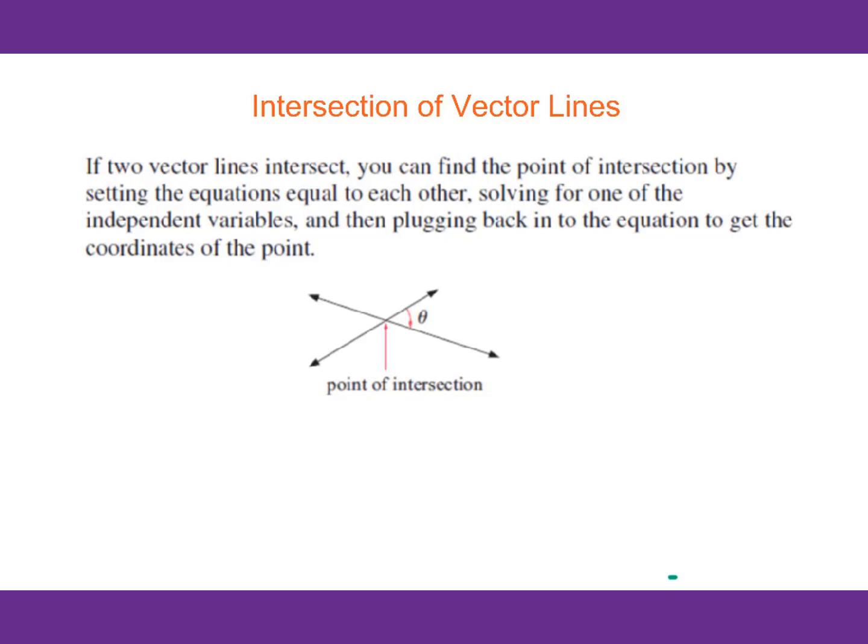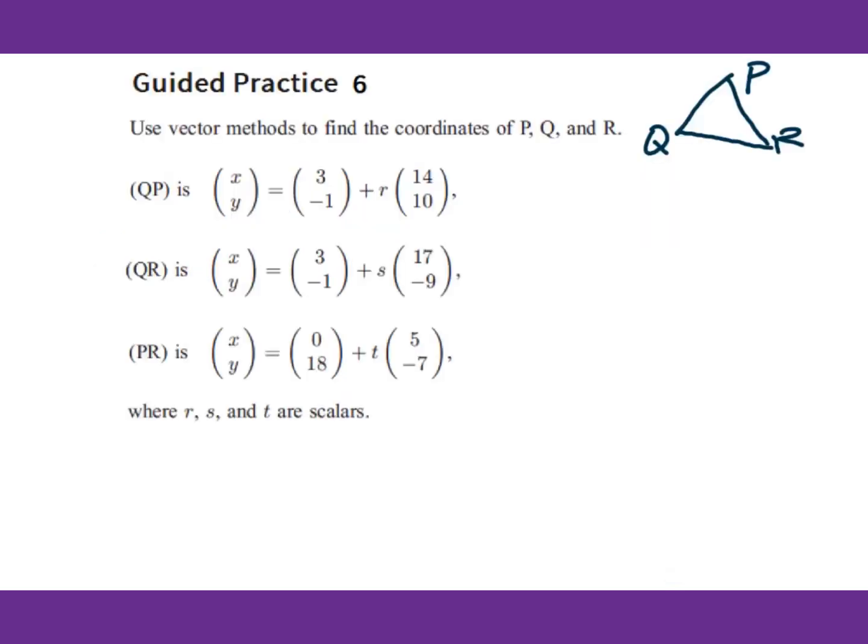If two vector lines intersect, you can find the point of intersection by setting the equations equal to each other. Solve for one of the independent variables and then plug back into the equation to get the coordinates of the point. Now let's go to guided practice 6.